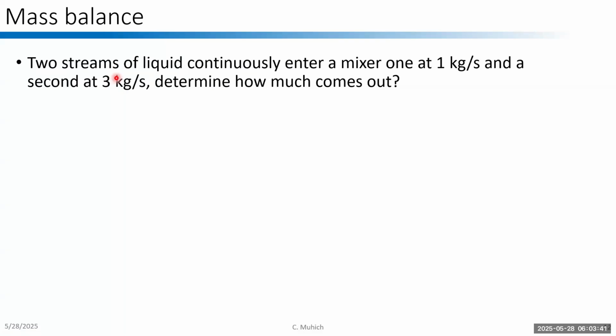I think this is best seen and understood through an example. So let's say we have two streams of liquid continuously entering a mixer, one at 1 kilogram per second, and a second stream at 3 kilograms per second. We want to know, for this continuous steady state process, how much is coming out.